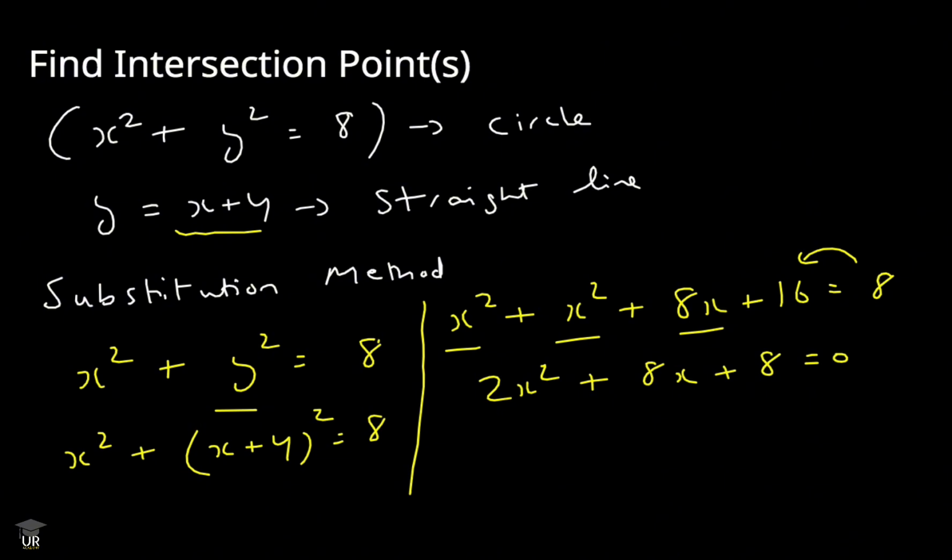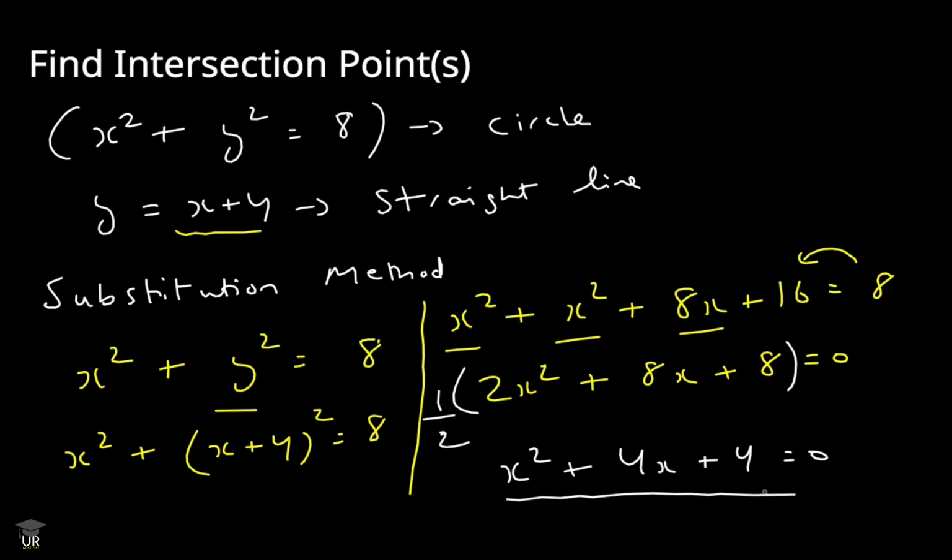So now we can multiply the whole thing by 1 upon 2. So the equation is going to become x square plus 4x plus 4 is equal to 0. So now this is the quadratic equation.